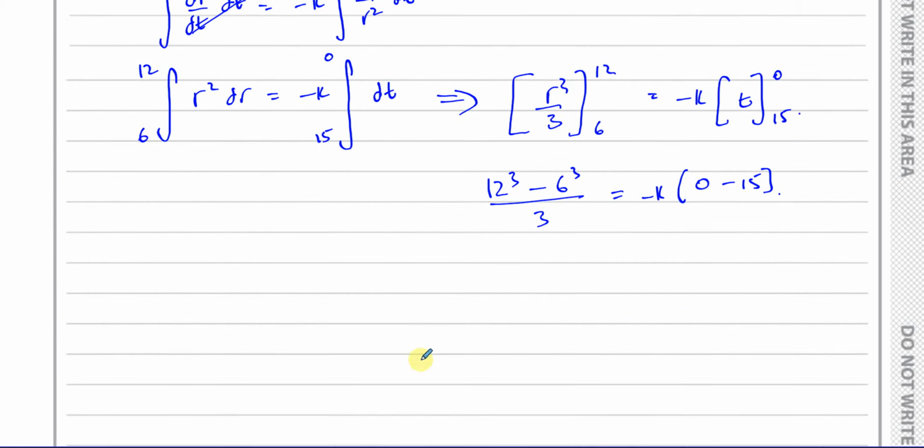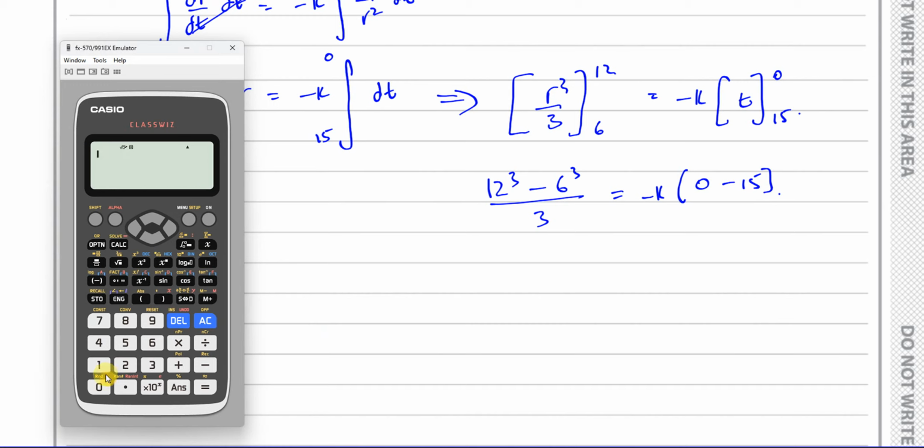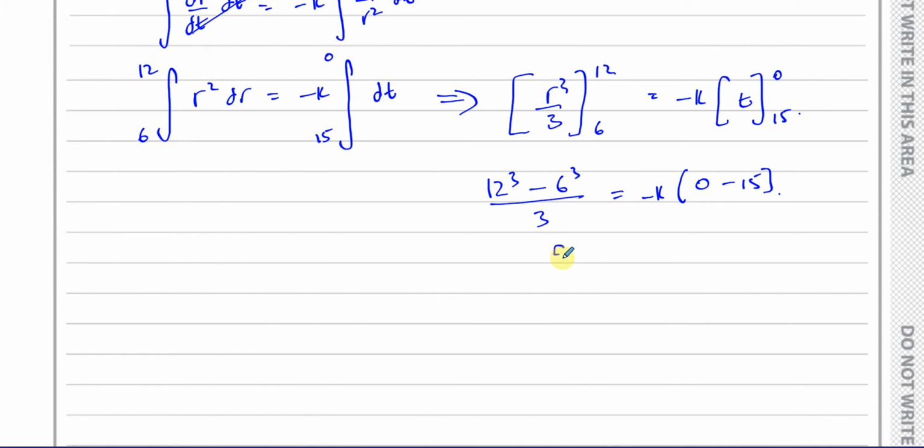So let's work out what this is. 12 cubed minus 6 cubed over 3 gives me 504, which equals minus k times minus 15. So we're going to divide both sides by 15, and k is going to be 504 over 15.